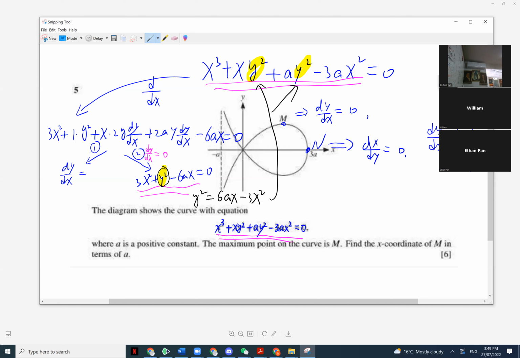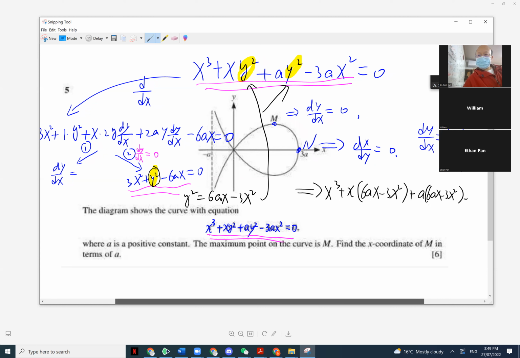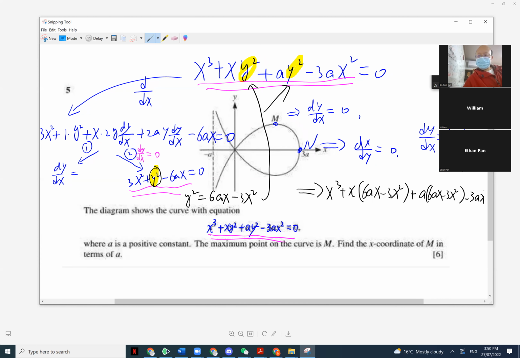And we do some working. Yeah, solve for x.